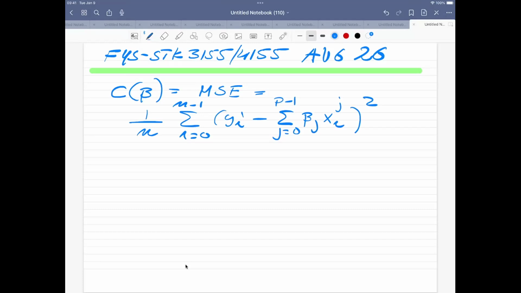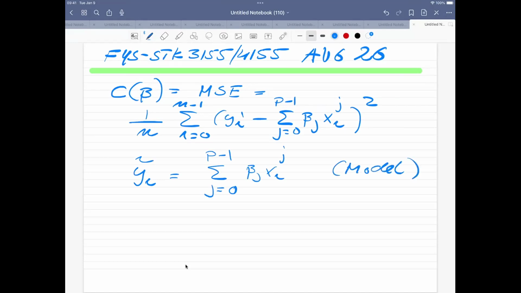Now, when we took the derivative, what this actually means is that one of these model outputs is simply given by this polynomial of a certain degree, with beta j times x of i to the power of j. And so this is our model.